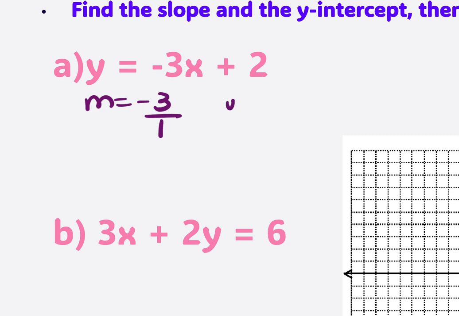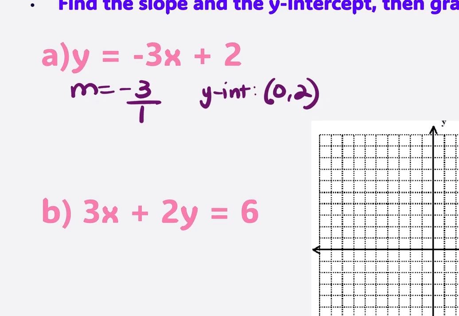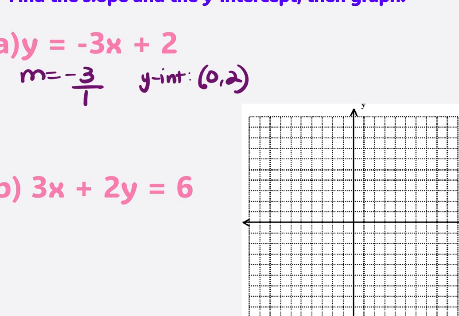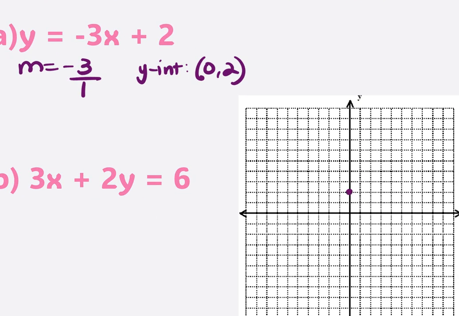And your y-intercept is what? 2. Remember, intercepts go in coordinate point form, so it'd be 0, 2. So then I'd start at 0, 2, and I count my slope. 1, 2, 3 to the right 1, or up 1, 2, 3 to the left 1.